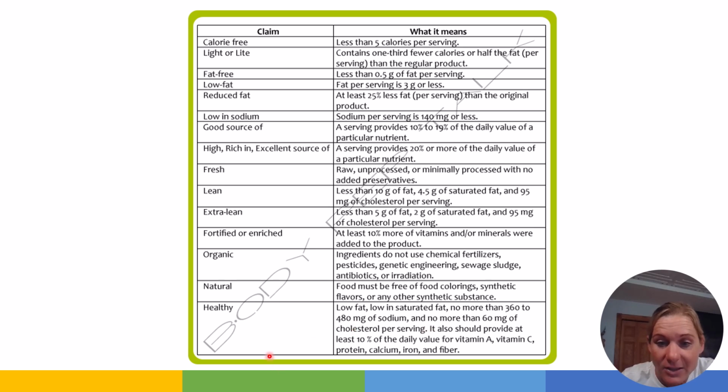It's low fat, low in saturated fat, no more than 480 milligrams of sodium, no more than 60 milligrams of cholesterol, and it has to have at least 10% vitamin A, vitamin C, protein, iron, calcium, and fiber. So again, just interesting: what are those standards that we need to hit in order for the label to have any of these terms listed on them?